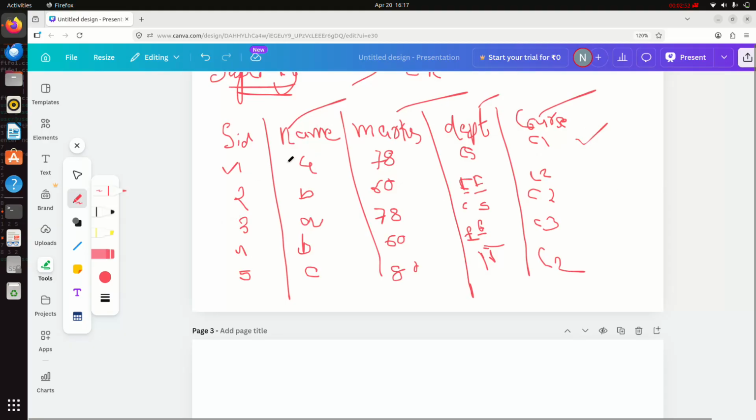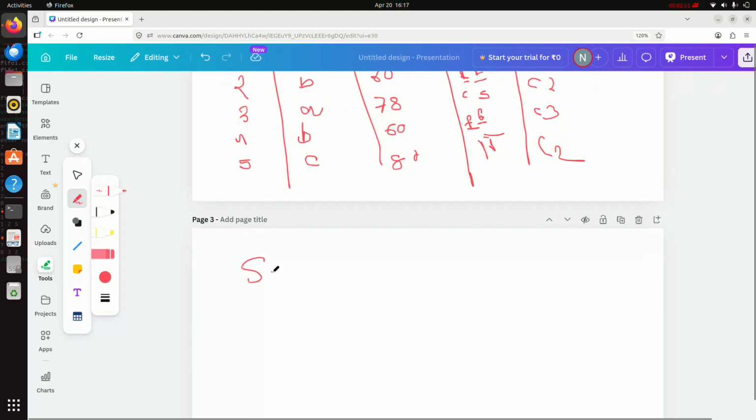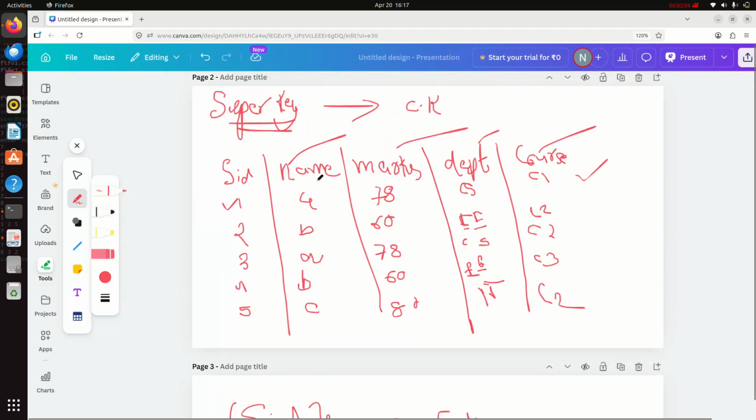So SID can be a super key because it uniquely identifies the record. Can name be a super key? When I say A, I can get the details, but there are 2 A's. Which record will we choose? So I cannot say that name is a super key. This cannot uniquely identify this relation.